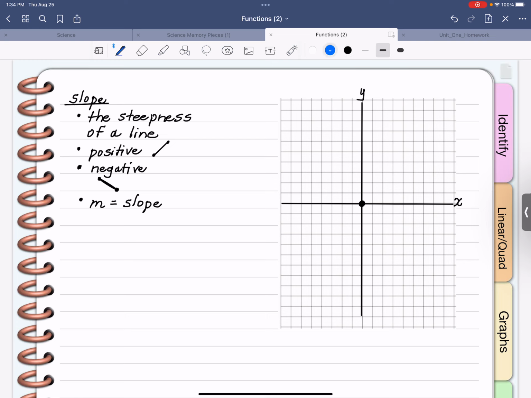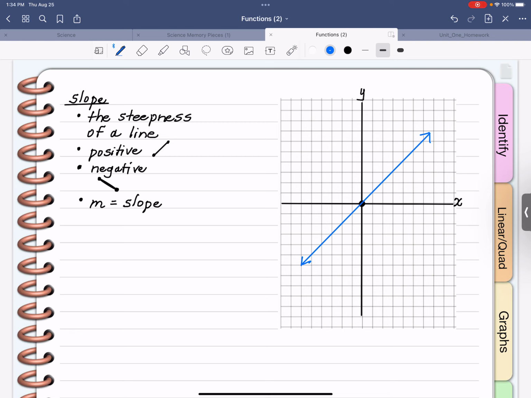So I'm going to draw a function here, but we're just going to call it a straight line for now, and it passes right through the origin. It is continuous in both directions. And I can tell you just by looking at this graph that the slope is positive. The plane is taking off in this picture from left to right.